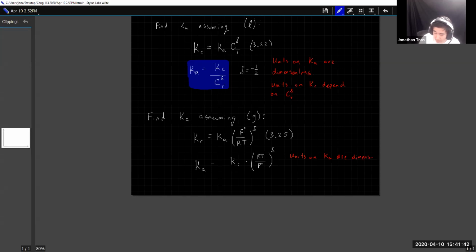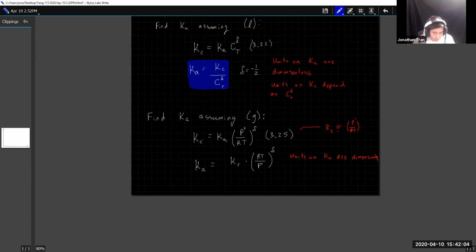In this case, it's a little bit more tricky because if we're looking at equation 3.25 here, because Ka is dimensionless, the units of Kc are dependent essentially on the units of P naught over RT.